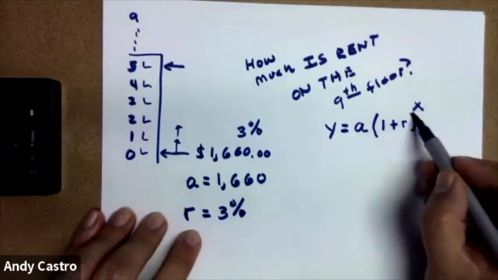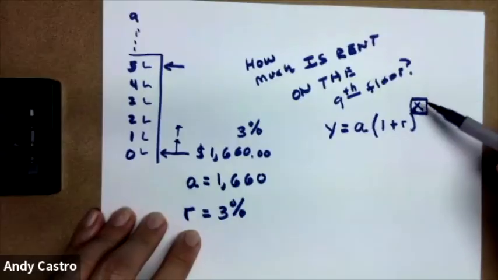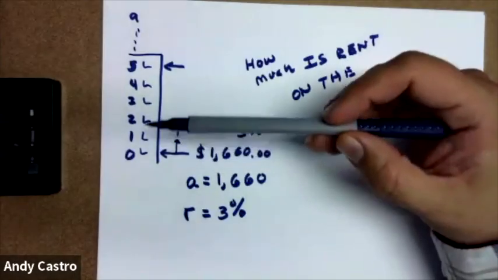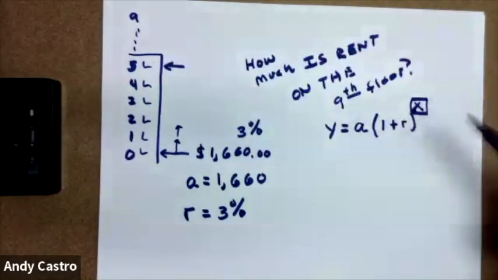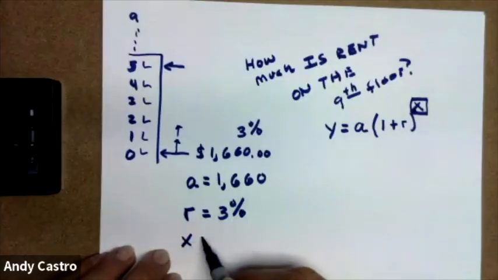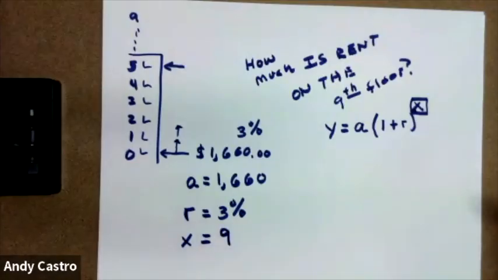Okay, so this X is no longer time. We're not looking at how much more money do I have at the end of 18 years. We're looking at how much more money this costs at the top of 9 floors. So it raises 3% every floor, and we're going to look at what happens at the 9th floor. Okay? All right.